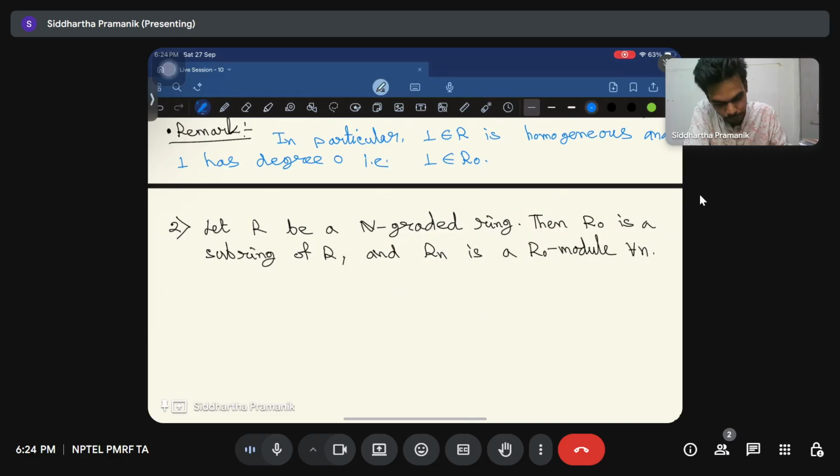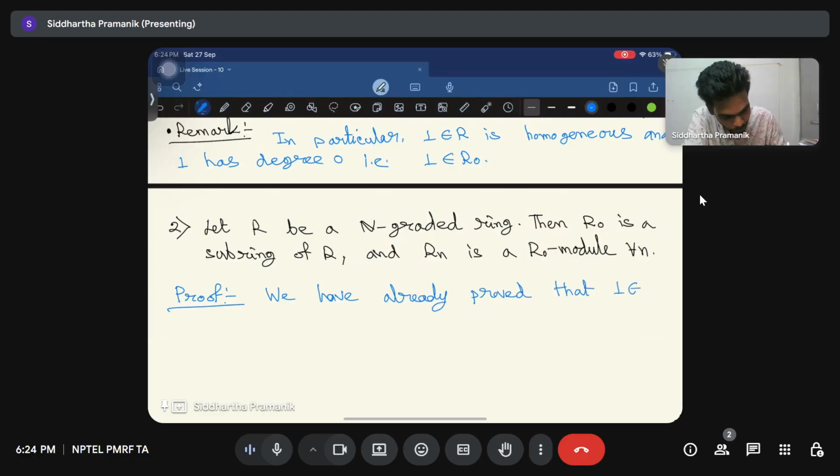Okay, so let's prove this. We have already seen, or already proved, that the 1 element of R belongs to R naught. That we have proved in the previous remark, right?